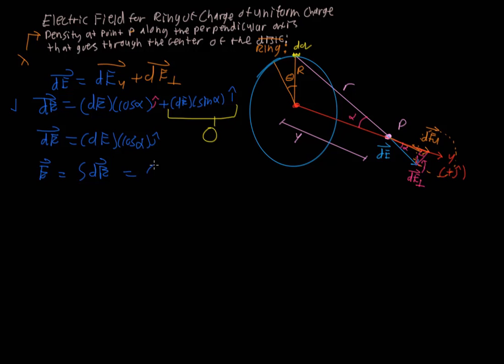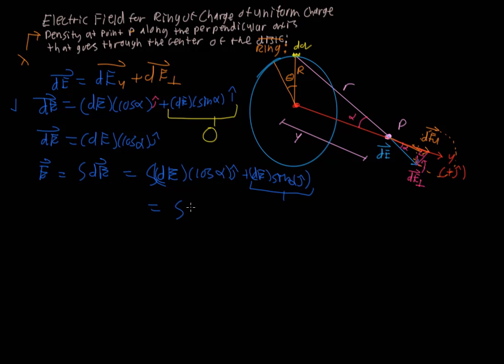So it would really be dE, and I'm just writing this out, cosine of alpha j hat plus dE sine alpha i hat, and then you'd see the integral of all this, and you'd end up seeing that this part of the integral becomes 0 as you integrate it.